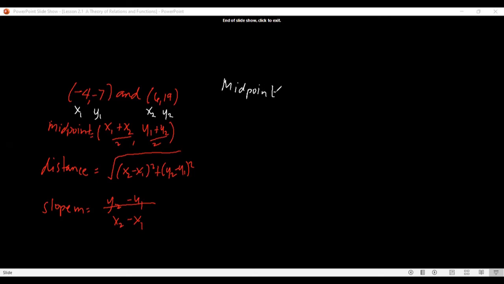So for midpoint, we have the average of x sub 1, negative 4, plus x sub 2, 6, all over 2. At yun namang sa y, we have the negative 7 plus 19 all over 2. Okay?